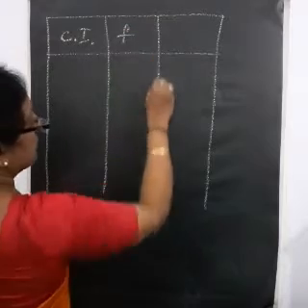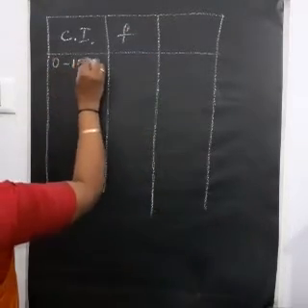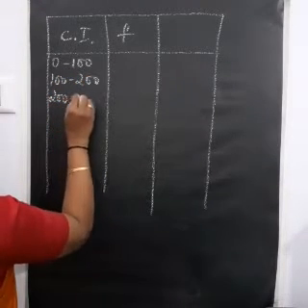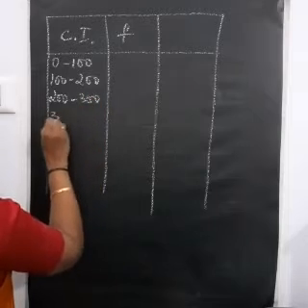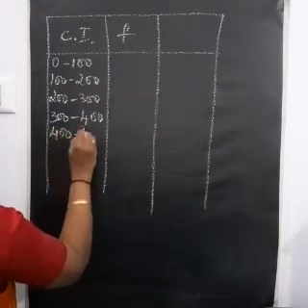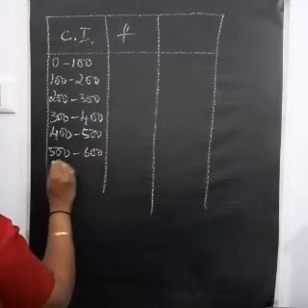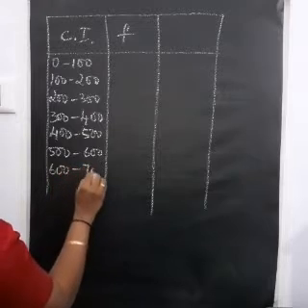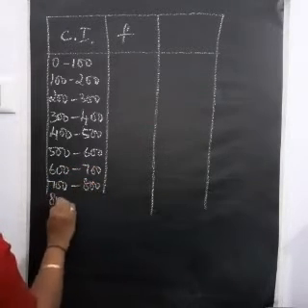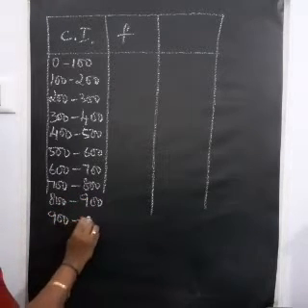The class intervals are from 0 to 100, 100 to 200, 200 to 300, 300 to 400, 400 to 500, 500 to 600, 600 to 700, 700 to 800, 800 to 900, 900 to 1000.